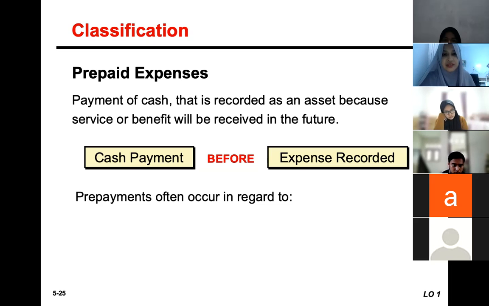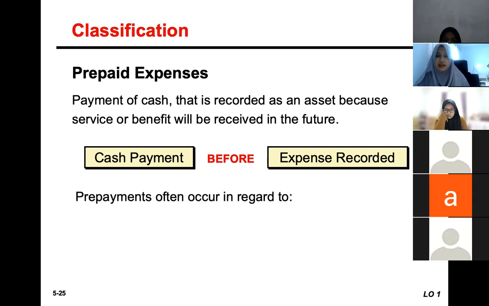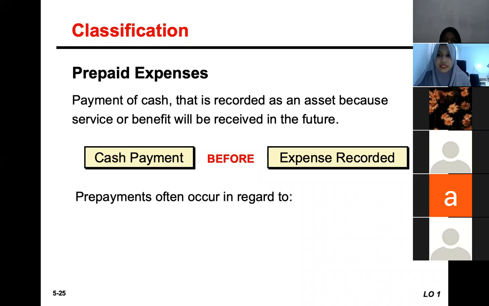Okay, prepaid expenses. Any issue? It's very familiar to you, right? It's expenses that we paid in advance that we haven't used. So we regard that as our asset, falling under current assets. Because while we record prepaid expenses, we follow accrual-based accounting.